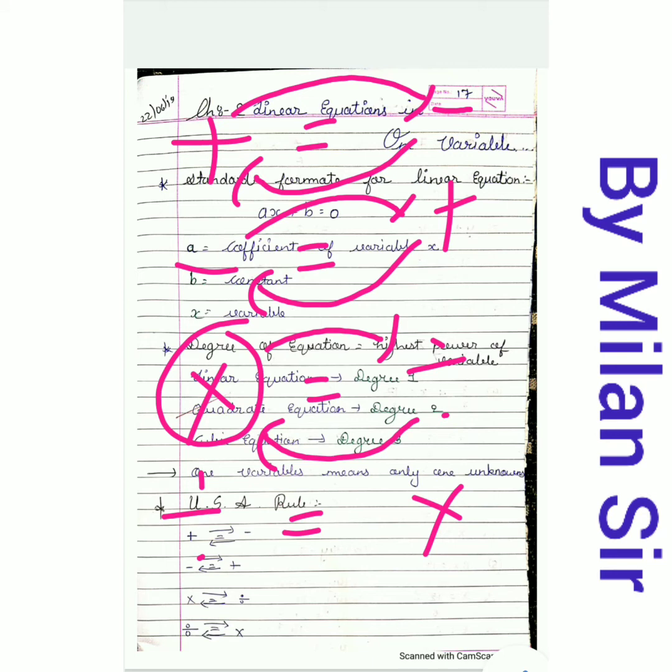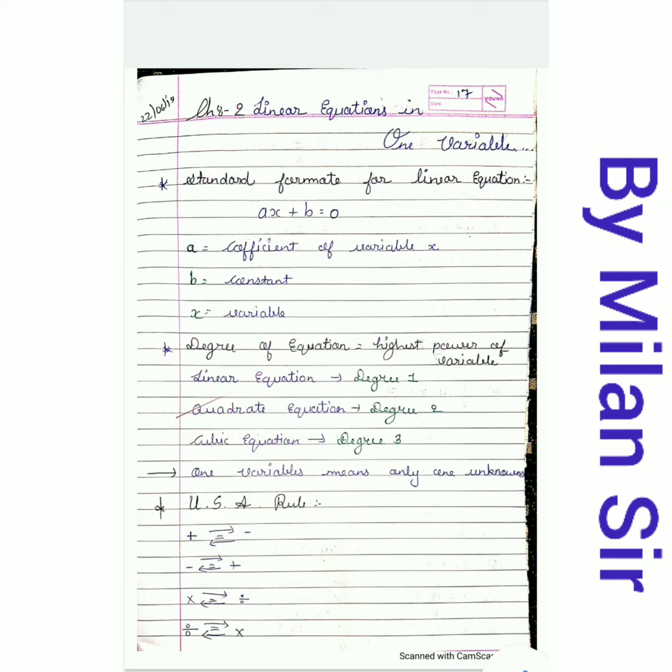That means we need to change the sign, we need to change our arithmetic operation. If division is transferred to the right hand side, it becomes multiplication, and if multiplication is transferred to the left hand side, it becomes division. Here we have the equality sign.